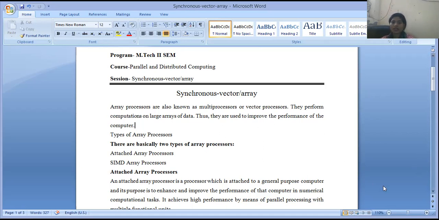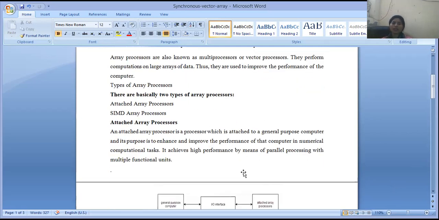Thus they are used to improve the performance of the computer. So when you are using array processors with an array of data, it improves the quality and speed of execution and also increases the performance of the computer. Clear?